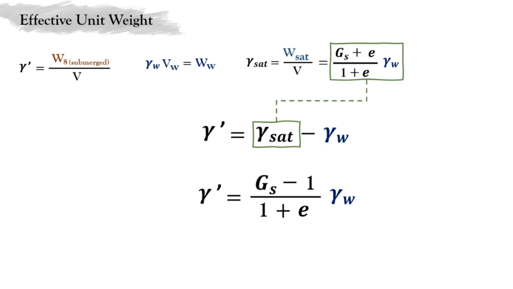Okay? So, para dito sa baba, ay ang GS minus 1 all over 1 plus E, ang tawag natin dito is the critical hydraulic gradient. So, ito ang magdidictate kung yung soil mo is under na siya ng tinatawag na boiling condition or alive condition or yung mas kilala sa tawag na quicksand condition.